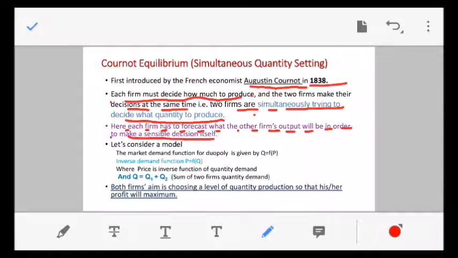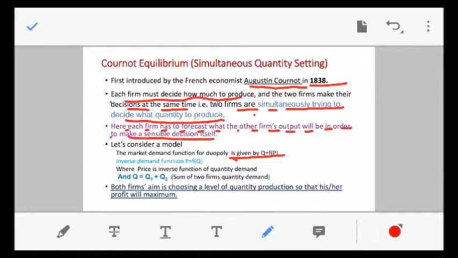Now let's consider a model. In every market, whether it is monopoly, oligopoly or perfect competition, every firm has a demand function. The demand function describes the quantity demanded at a given price, so quantity is a function of price.